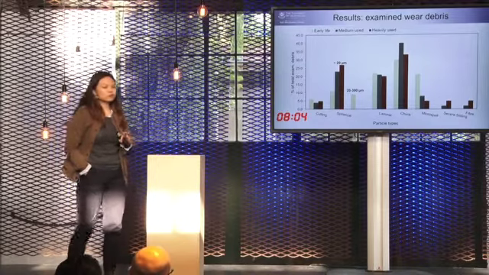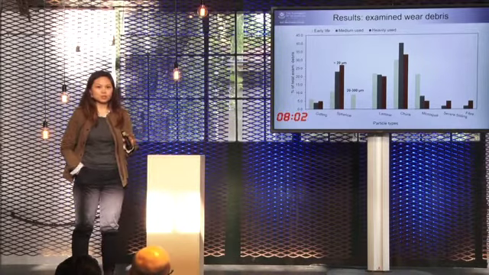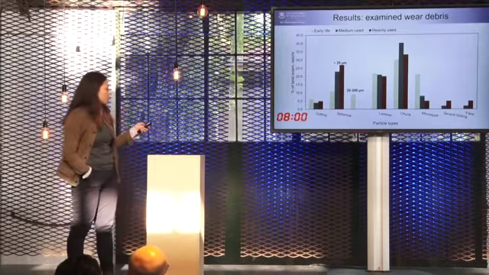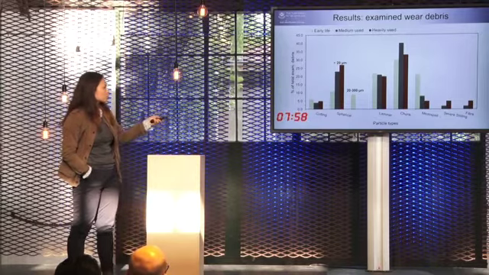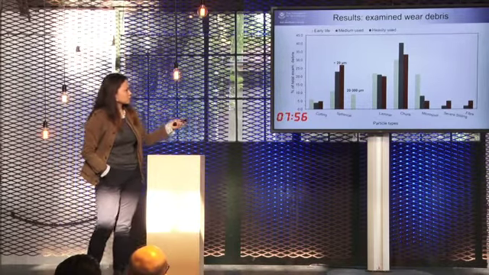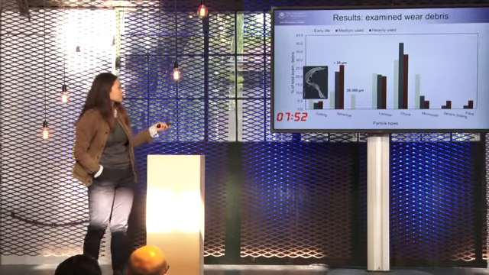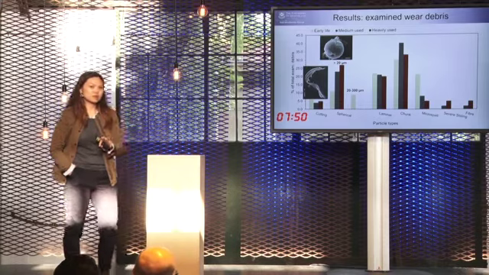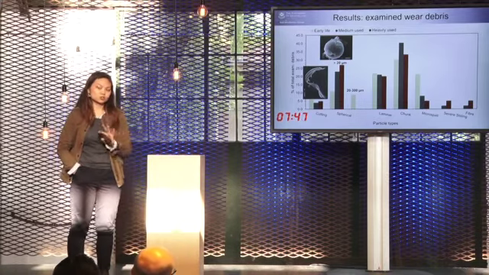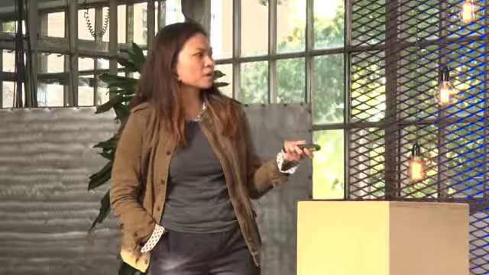In total, we found 7 types of wear debris in the field-used bearings. Here is a graph of particle type versus total examined debris. Cutting wear and severe wear debris are very easy to distinguish because of their shape. Then we have lamella particles, which normally have a very thin shape.